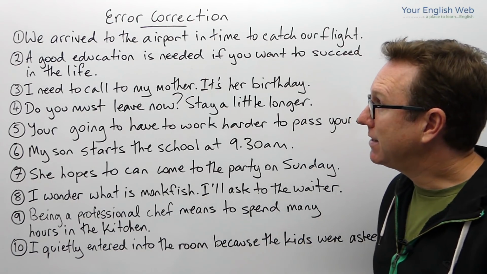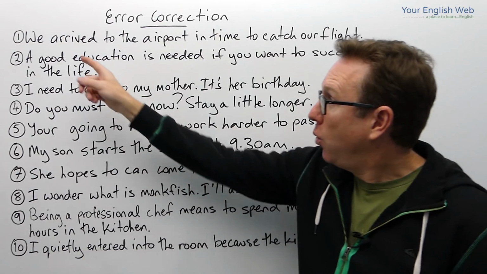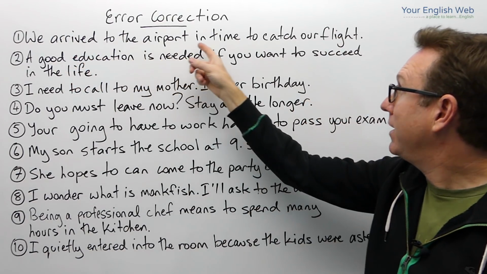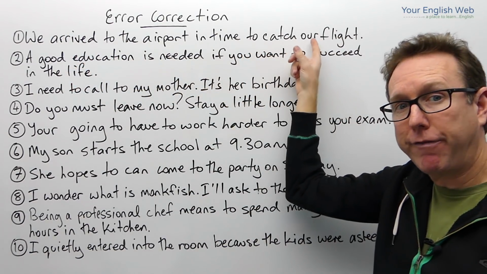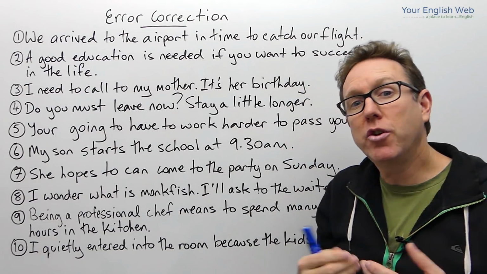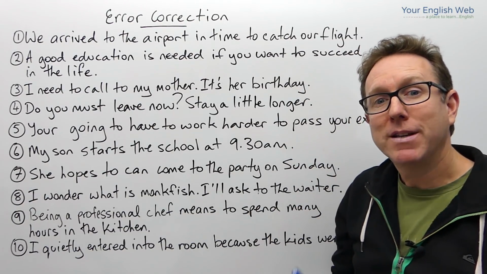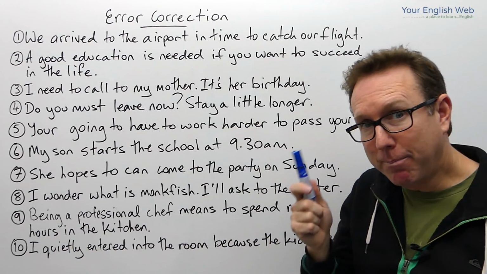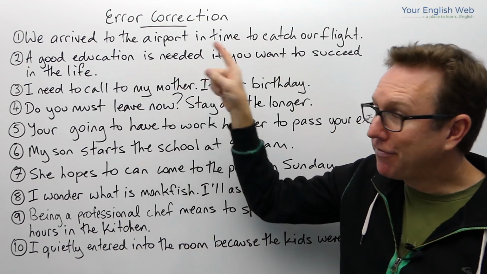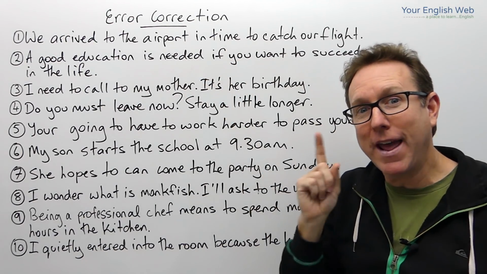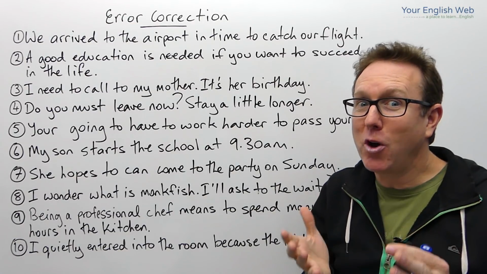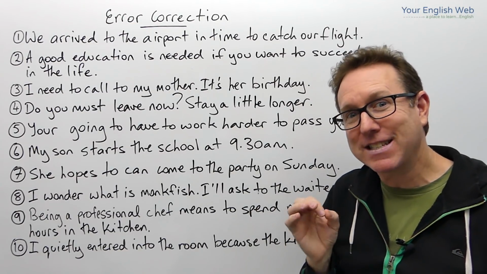So the first sentence that we have is, we arrived to the airport in time to catch our flight. Now I've got my blue pen here to correct that sentence because there's one error. Now I'm sure you know what the error is at this level.